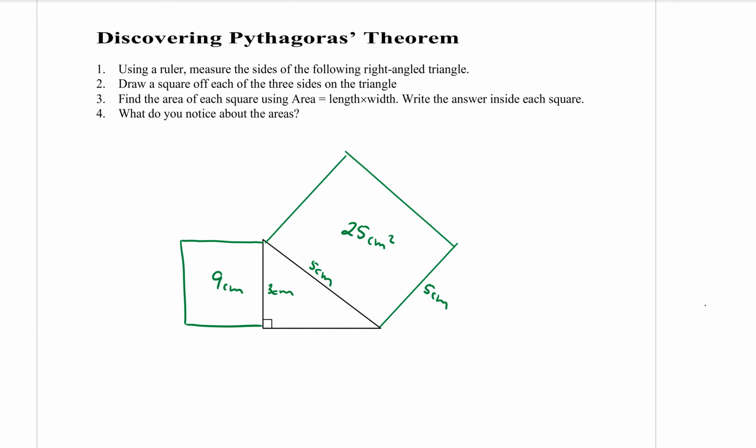This one down the bottom is 4 centimeters. 4 times 4 makes 16. Now, if you have your calculator there, can you see a pattern? If you add together 9 plus 16, what do you get?